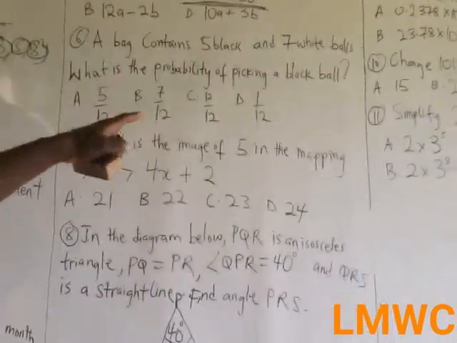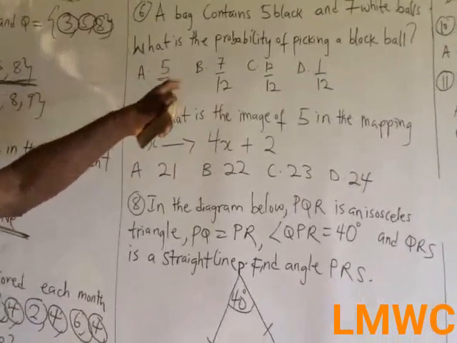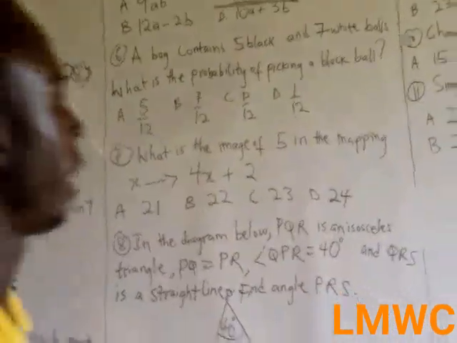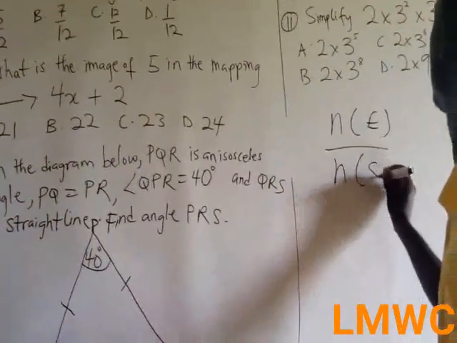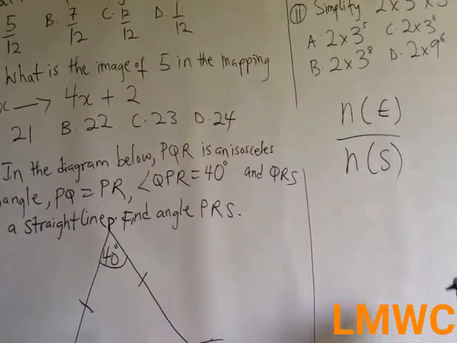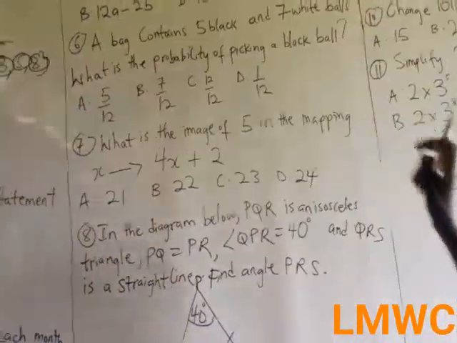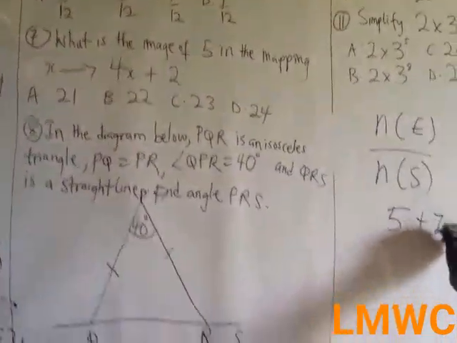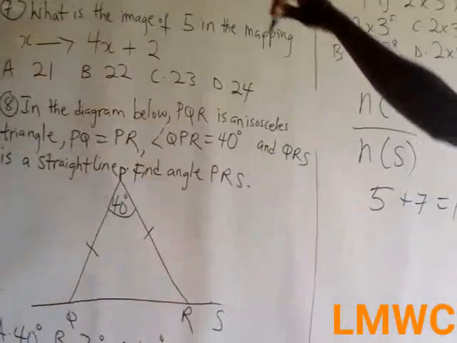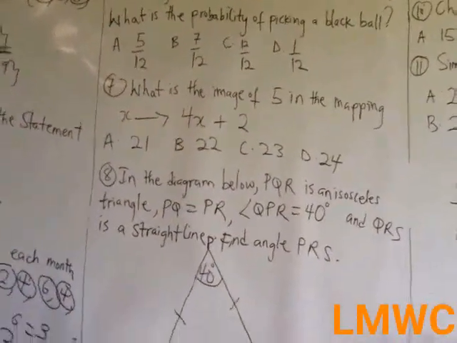A bag contains 5 black and 7 white balls. What is the probability of picking a black ball? This is under probability. And probability is the number of events over the number of sample space. That's the formula. Now you should know the total sample space. And the total sample space, we have 5 plus 7, which is 12. You add the black balls to the white balls, it will give you 12.